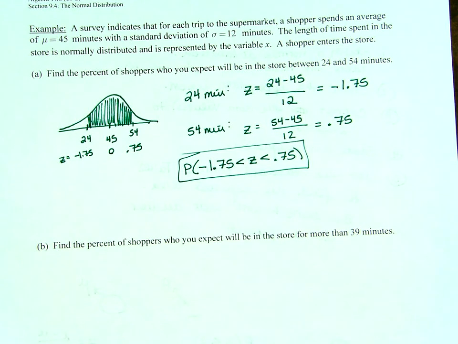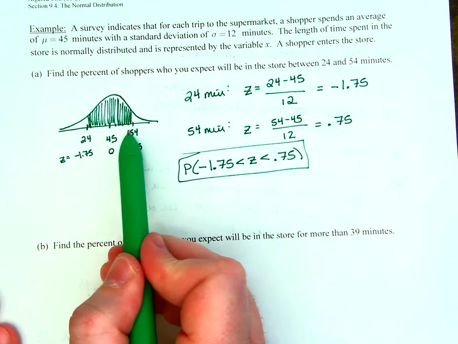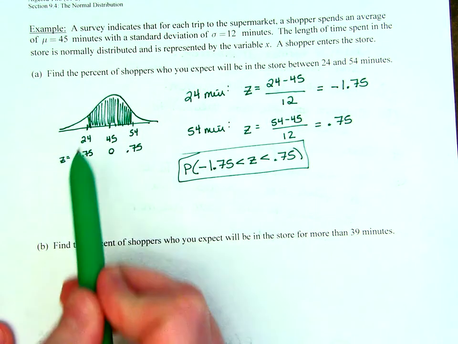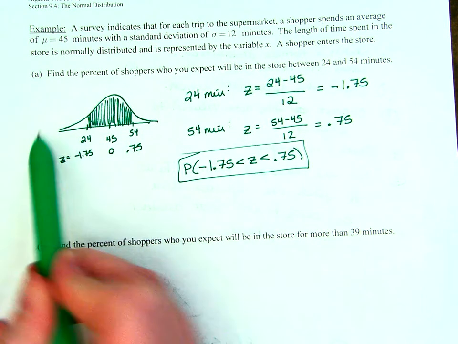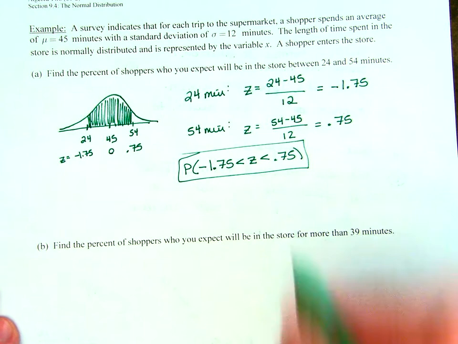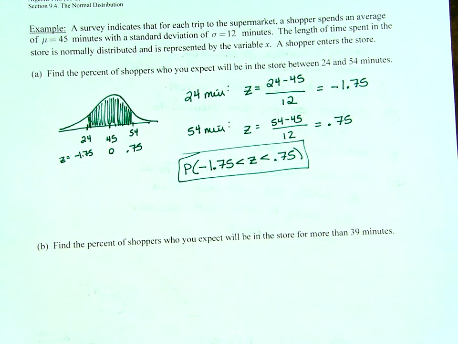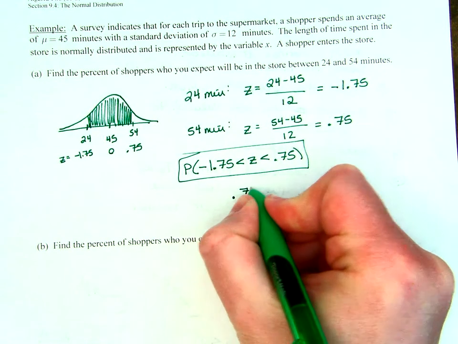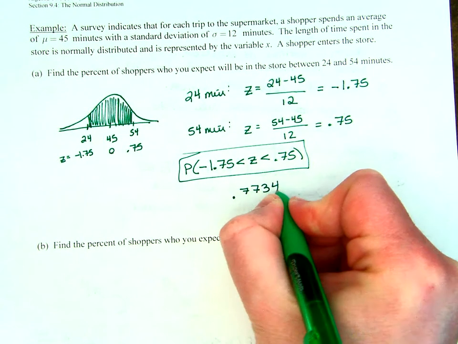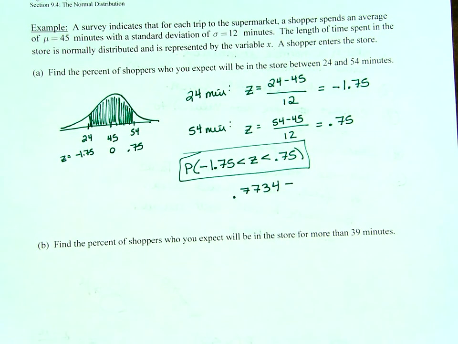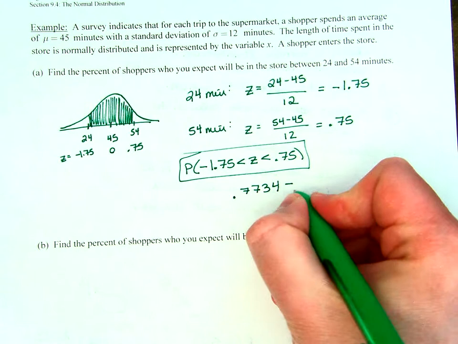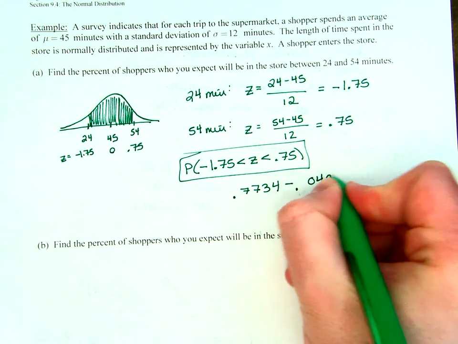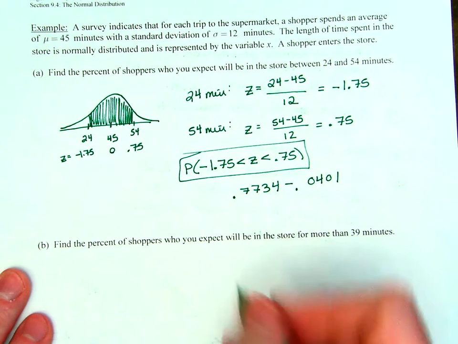Go to your standard normal table. We'll figure out the area to the left of 0.75 minus the area to the left of negative 1.75. Let's see here. 0.75, that's looking like 0.7734, minus, okay, to the left of negative 1.75, that's looking like 0.0401.